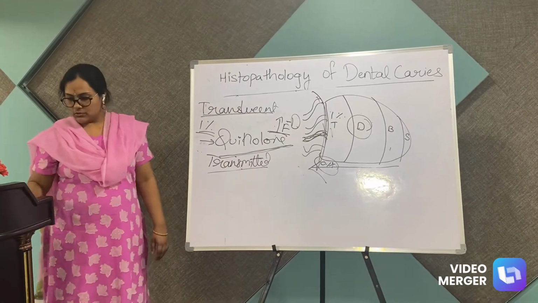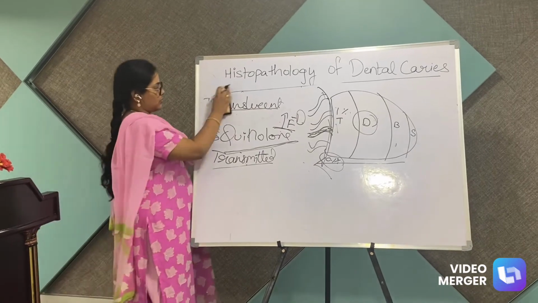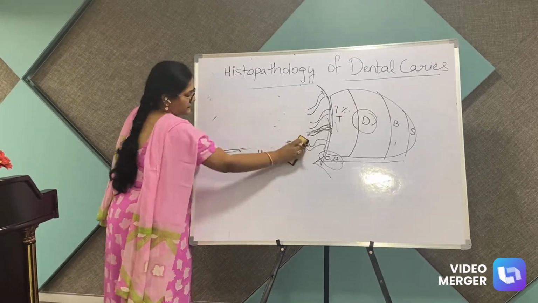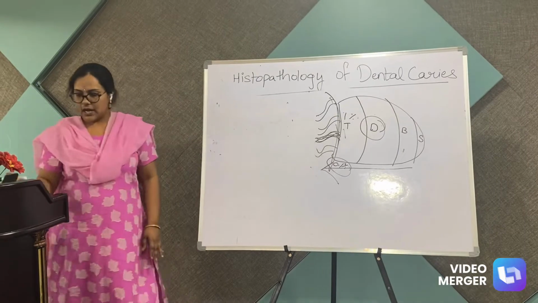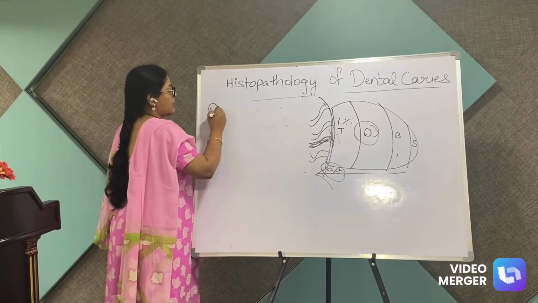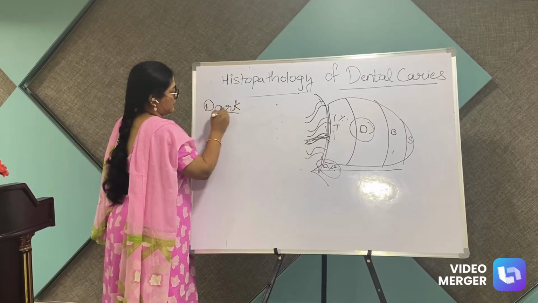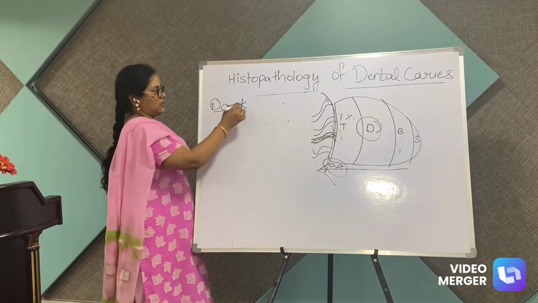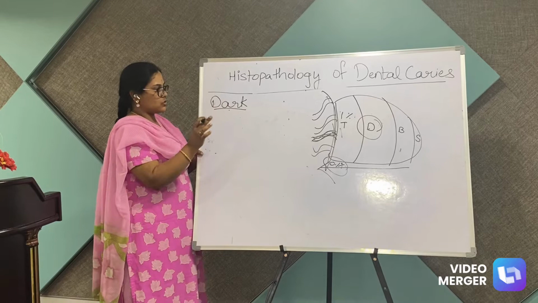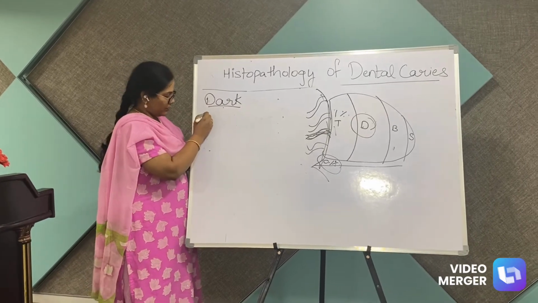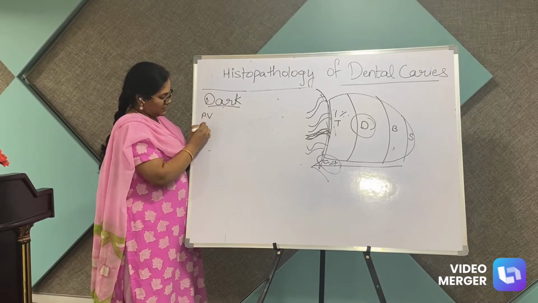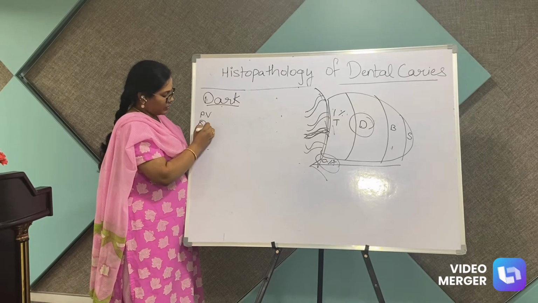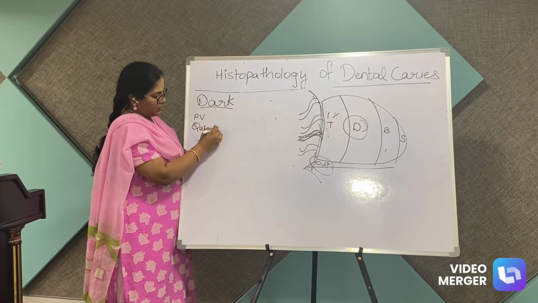Now coming to the next zone, that is the dark zone. Why is it called the dark zone? We discussed that these zones were categorized based on the pore volume as well as the mounting medium, and here the mounting medium used was quinolone.